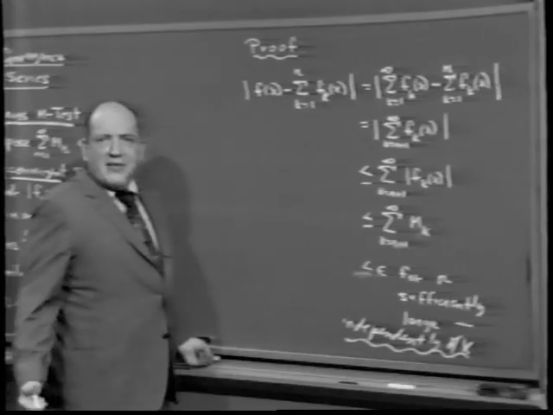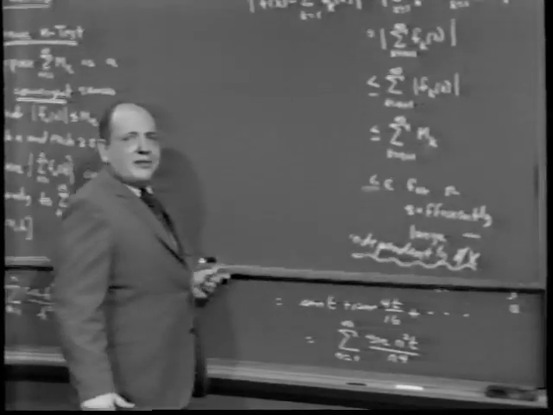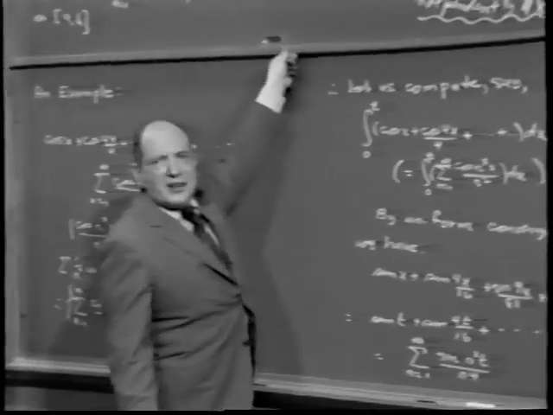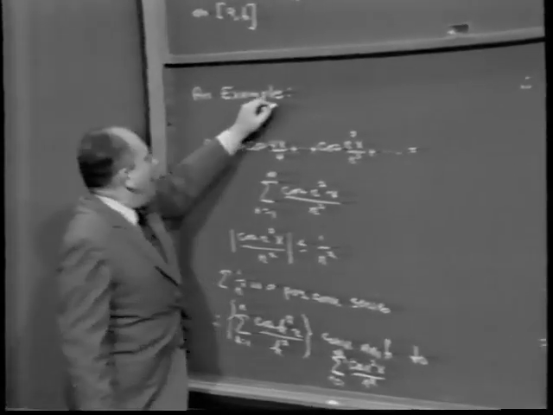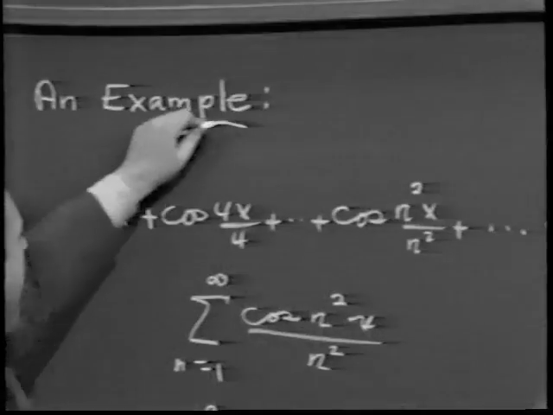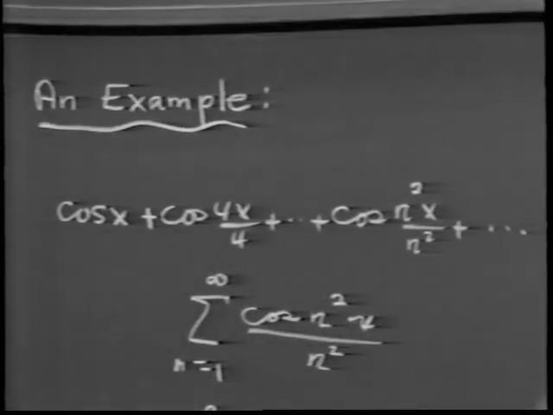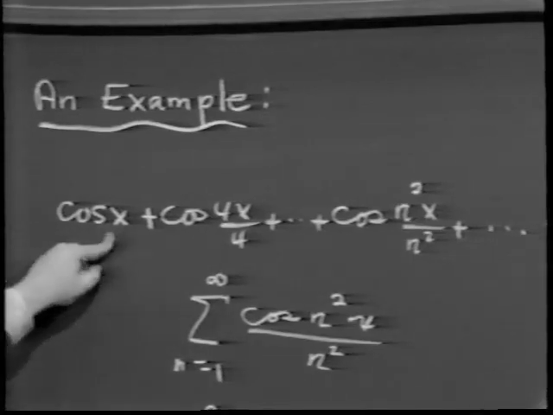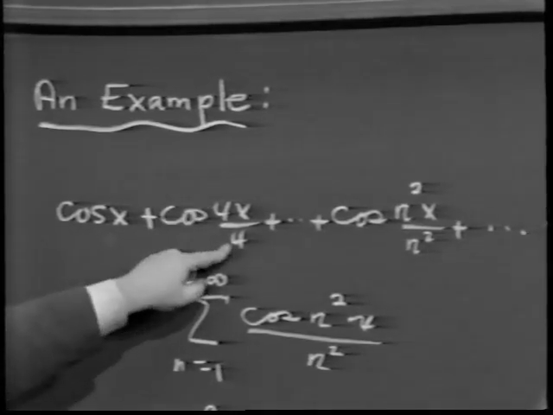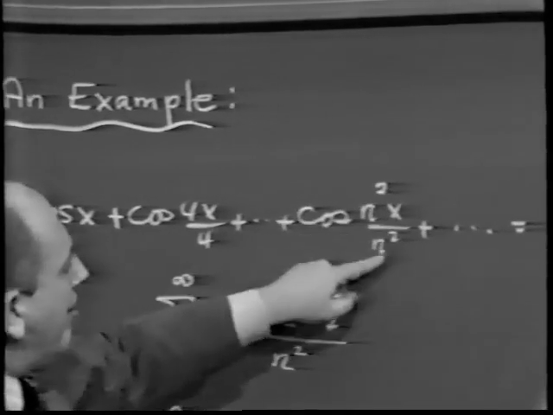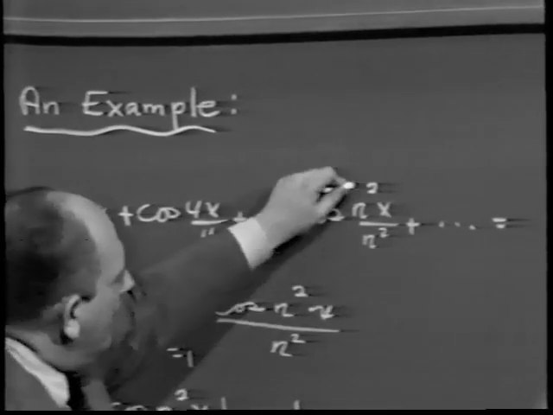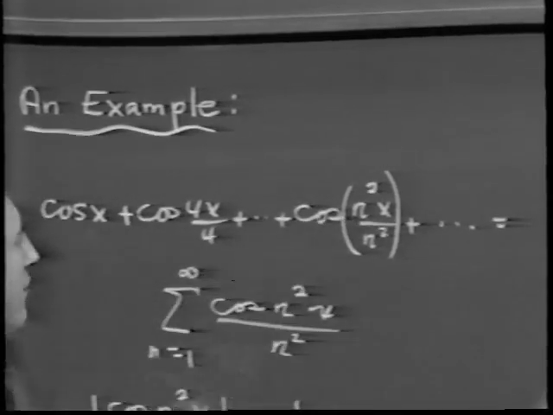I think by means of an example might come in handy now. I think after you do any of these abstract things, a nice example shows what's coming off very nicely, and so I very creatively call this an example. Let's look at the following series. Cosine x plus cosine 4x over 4 plus, etc., cosine n squared x over n squared, where n is the number of the term over here.